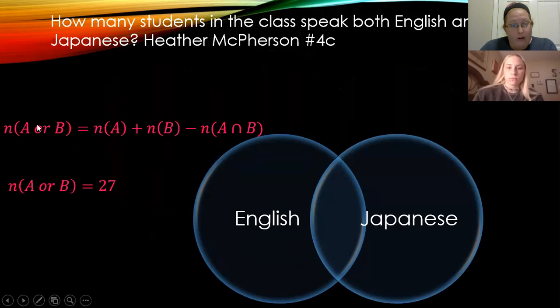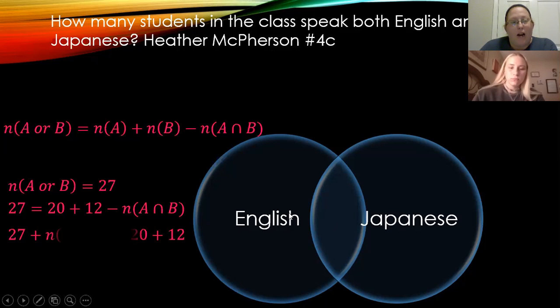So we know here in this equation that we want to know how many speak English and Japanese. The total class is 27, so A or B equals 27. That's English or Japanese. And then you have 27 equals 20 that speak English and 12 that speak Japanese. Then you want to subtract the ones that speak both.